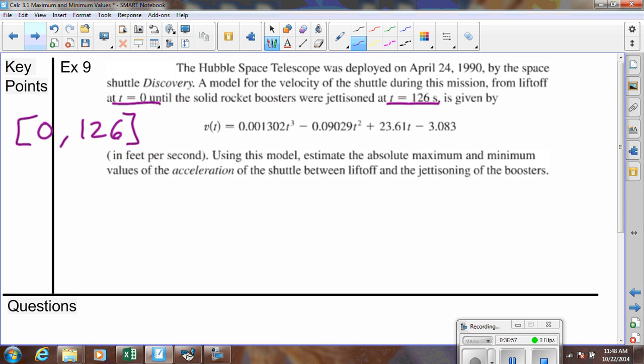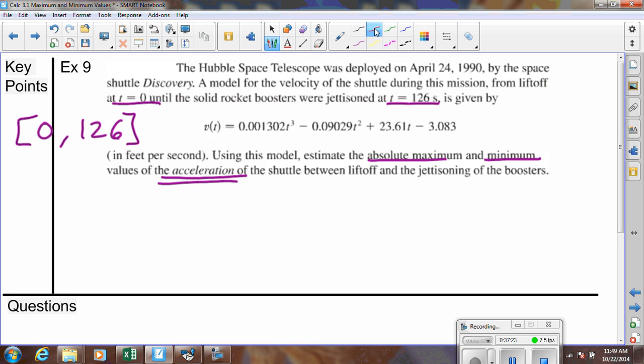Using the model, estimate the absolute maximum and the absolute minimum of the acceleration. Okay, so since we're talking acceleration, we need to get the acceleration function. How do you get the acceleration function? That's our second derivative. So we'll come back and now say, here's our velocity function.